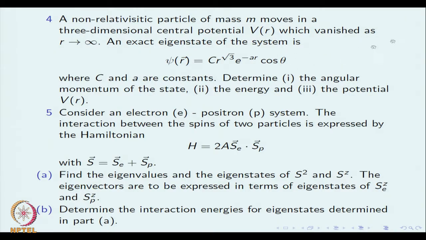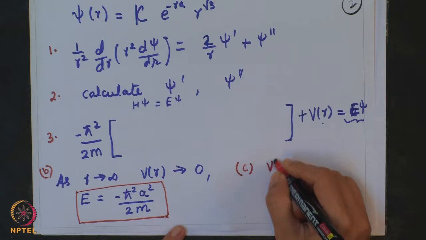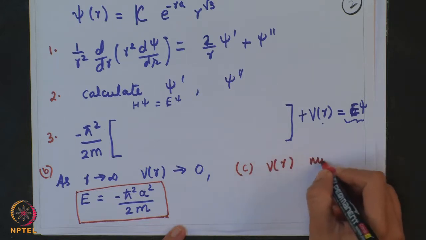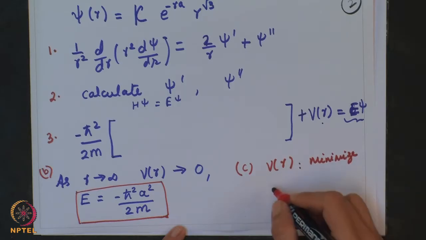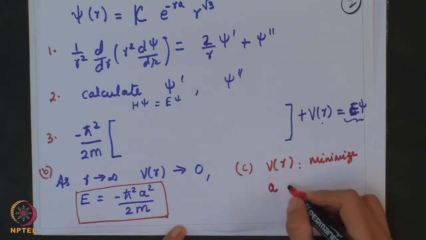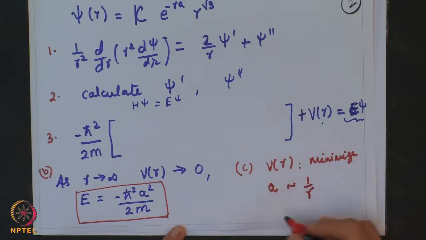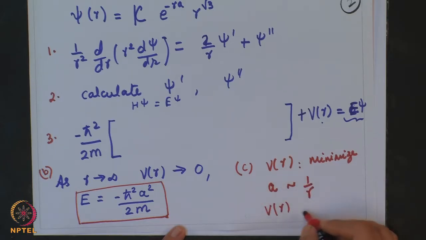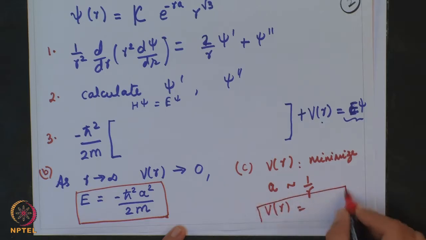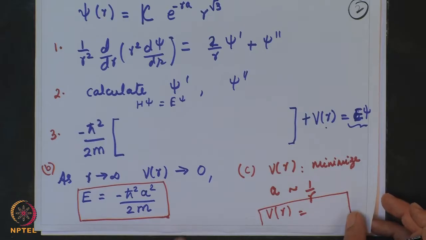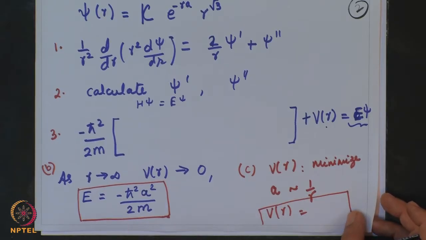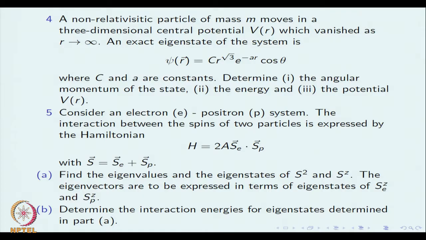So, this would be a very simple way of evaluating. So, for part C, you will minimize V of r and then get the value of A in terms of r and then you get V of r. So, this would be the broader picture of how to go about solving the problems.